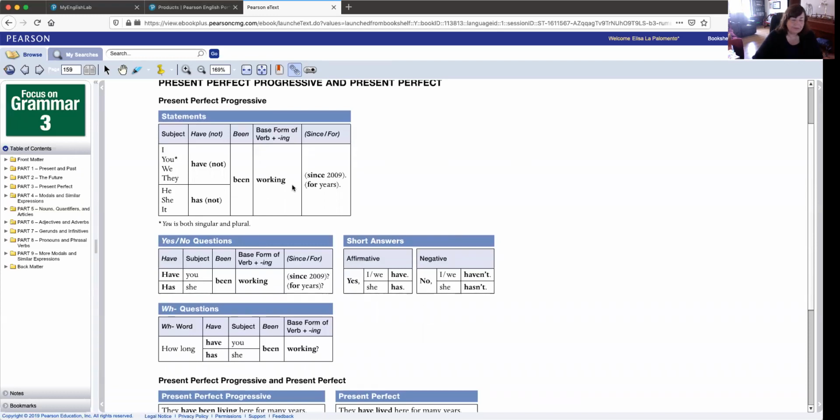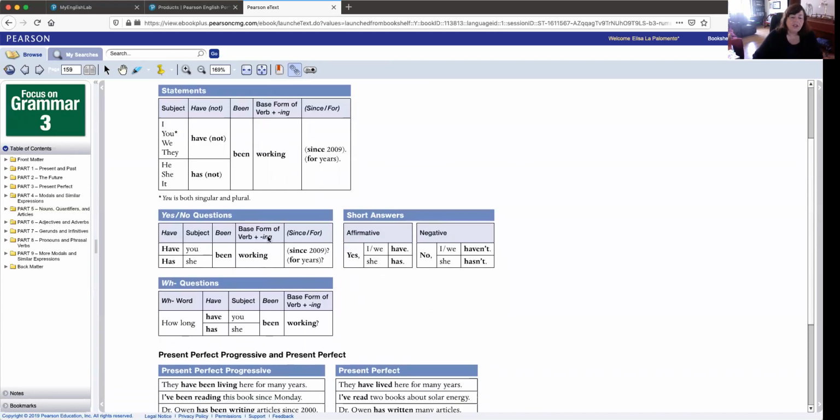All right. In yes, no questions, now these are questions where the answer is going to be either yes or no. So in yes, no questions, you're going to begin with the have or the has, depending on the person, followed by the subject, have you, and then the word been, and then the verb with ing.